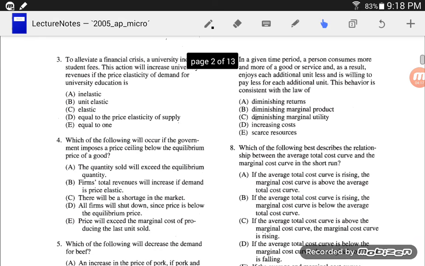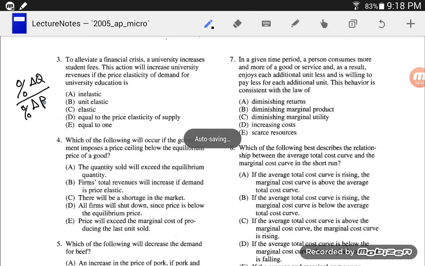To alleviate a financial crisis, a university increases student fees. This action will increase university revenues if the price elasticity of demand for university education is, well, I need to remember that elasticity is the percent change in quantity over the percent change in price. We're really looking at how much that changes.